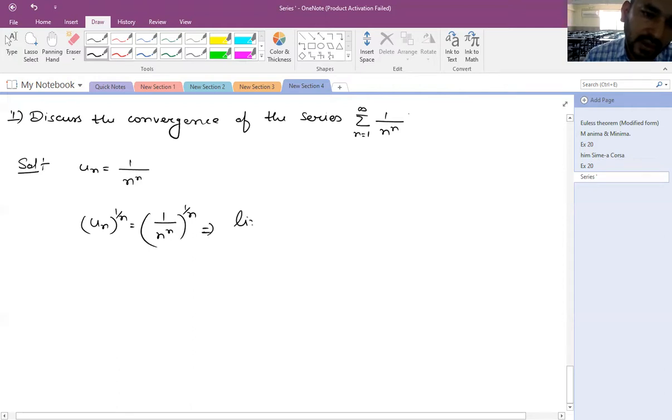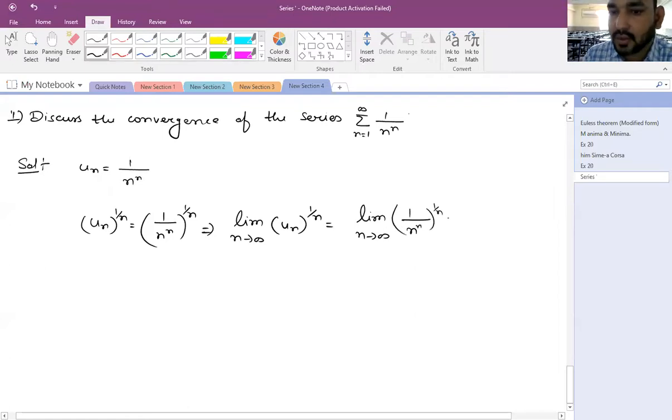Okay, so limit n tending to infinite, un raised to 1 by n is limit n tending to infinite 1 by n raised to n ka 1 by nth root.